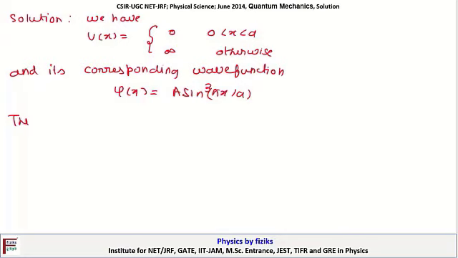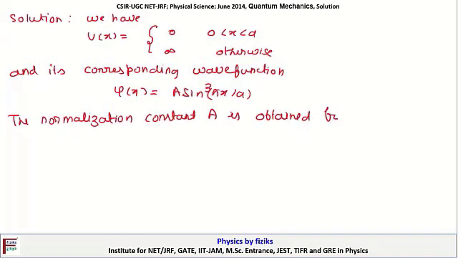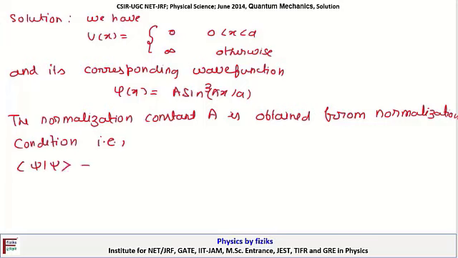Now the normalization constant A is obtained from the normalization condition, that is, the inner product of psi with psi must be equal to 1.